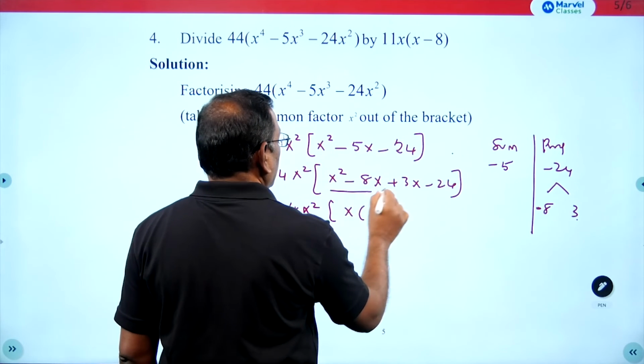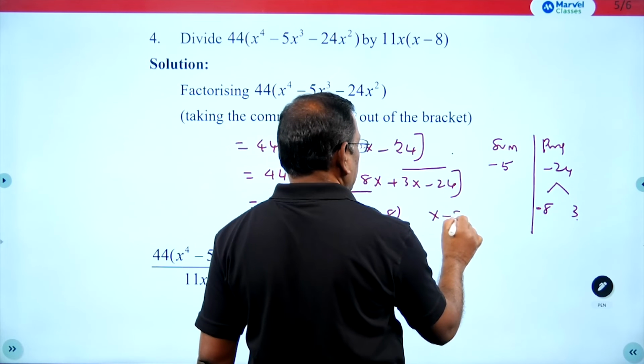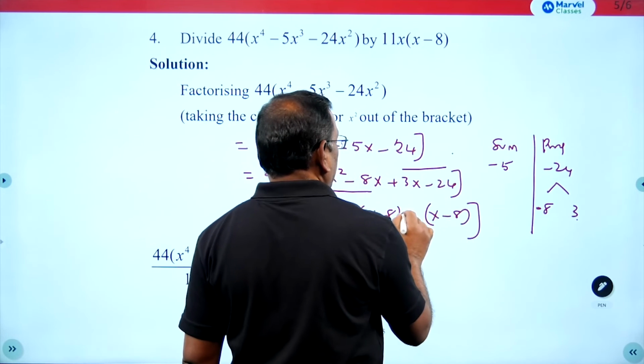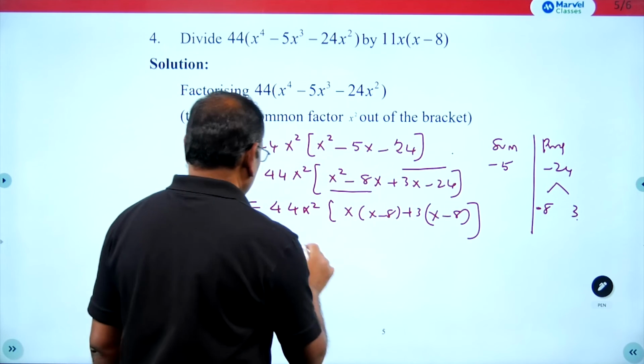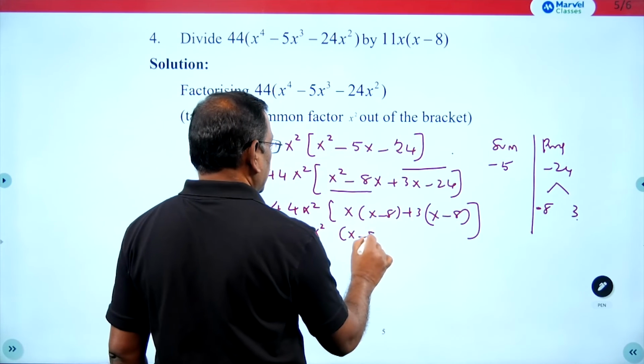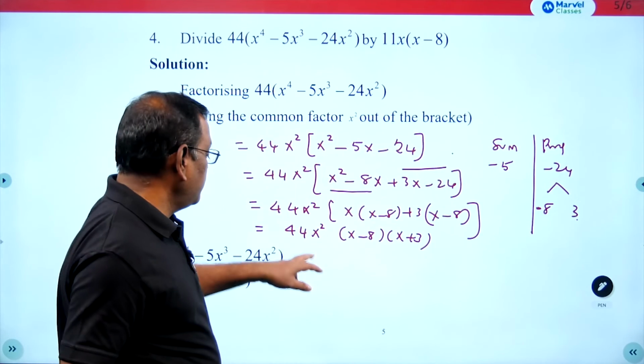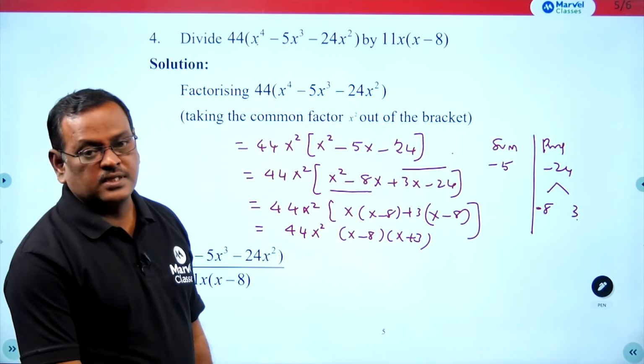This is one group and this is another group. In the other group, what is the common factor? Again write the expression here. What is the pending factor? Plus 3. So the final expression is 44x square into (x minus 8) into (x plus 3). This is the final factorization of this expression.